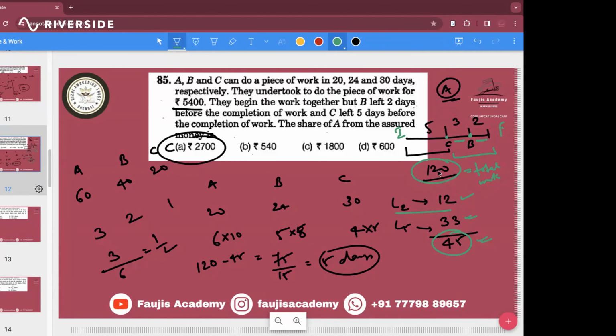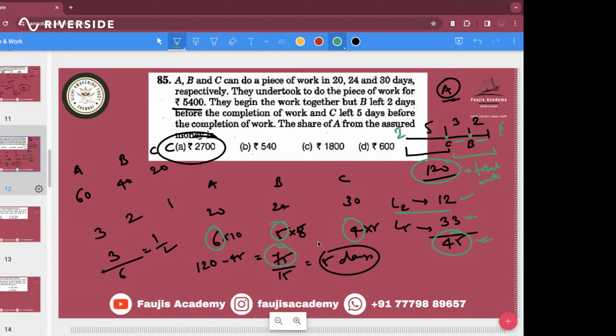The total work is 120. So how much work must have happened when C left? 120 minus 45. Right. And when C left, she was the first person to leave. That means up till that point of time, A, B, and C were all working together.